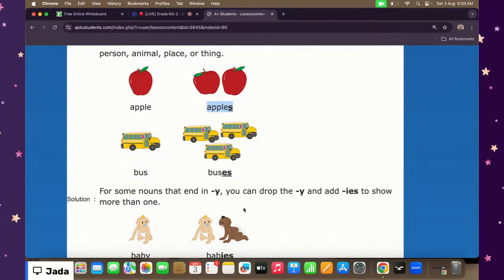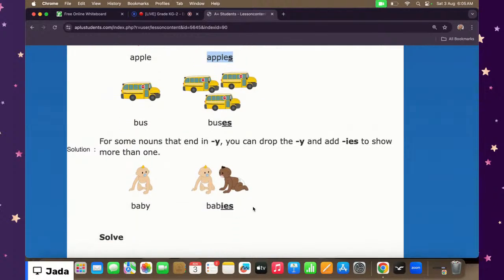Buses is plural, we will add es. We do not know how many, but we can see that we have three. Then we should take note that it is more than one. So because it is more than one, you add es to buses. But if it's just one bus, you put just bus, you do not need to add anything. But if it's more than one, you add s or es.